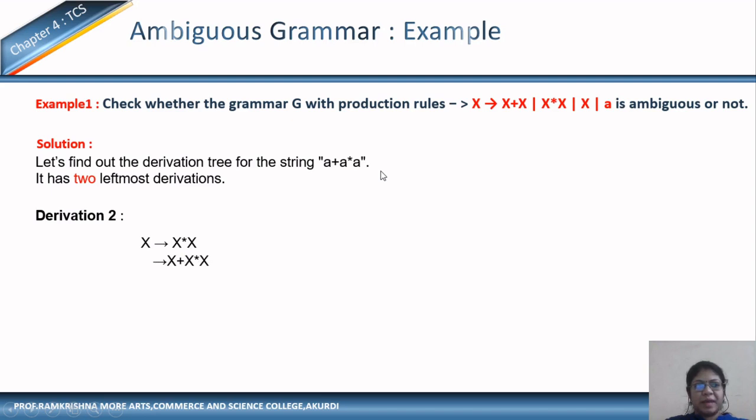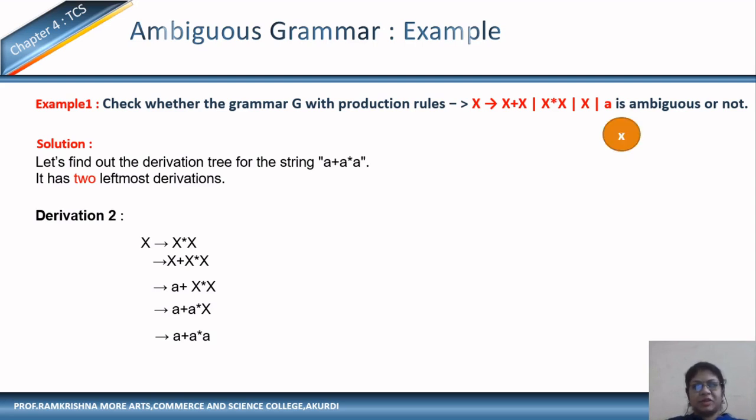So X into X; we have written X plus X for the first X, then a for X, so we derive a plus X into X, then a plus a into X, a plus a into a. So we have derived the string in the second format, that is, we took X into X first, and then the same string is derived.